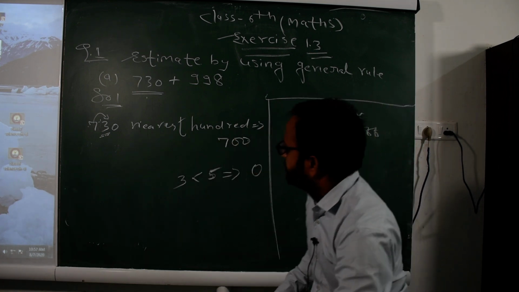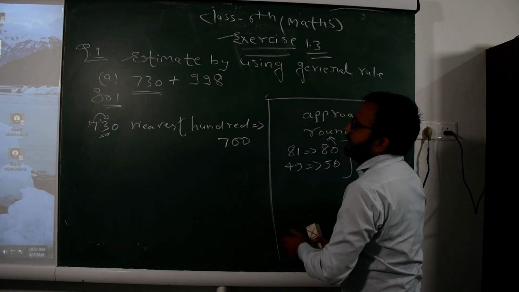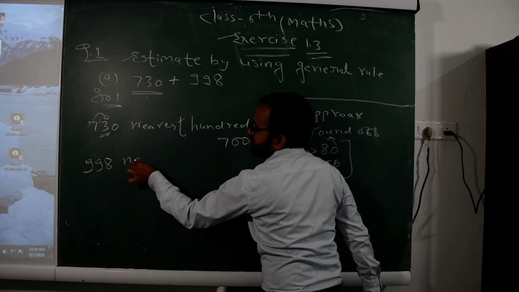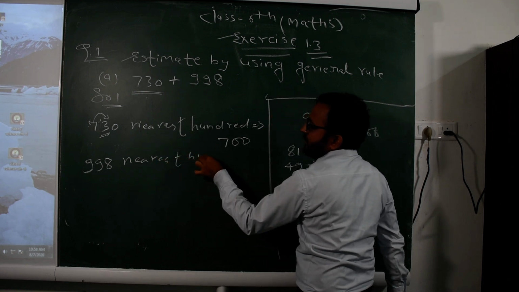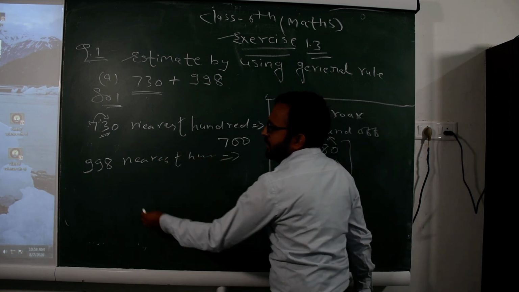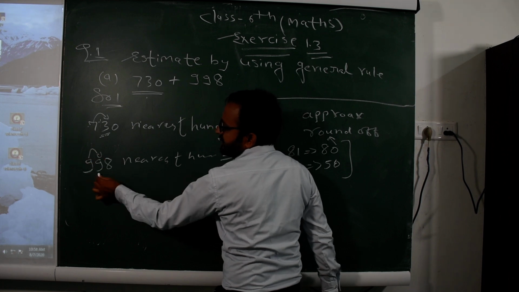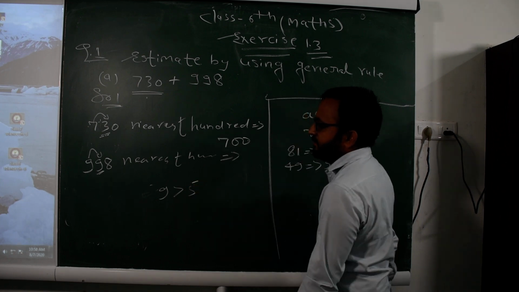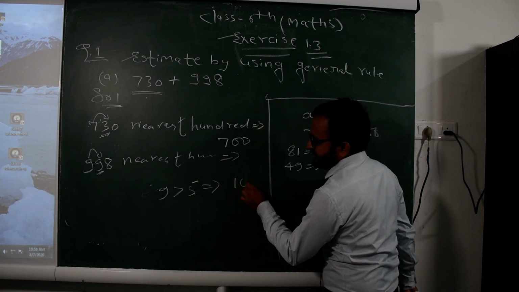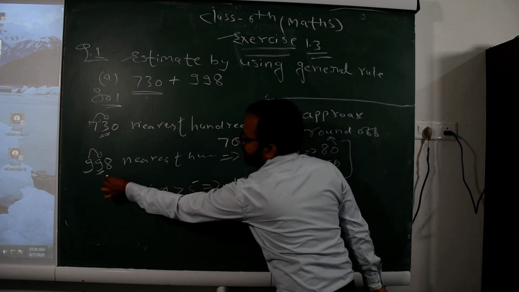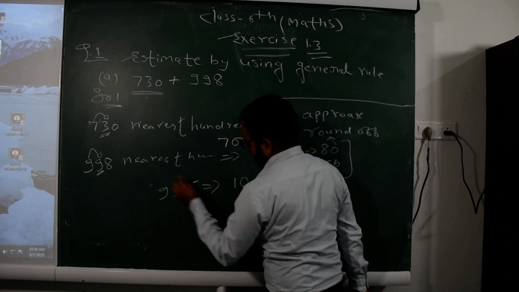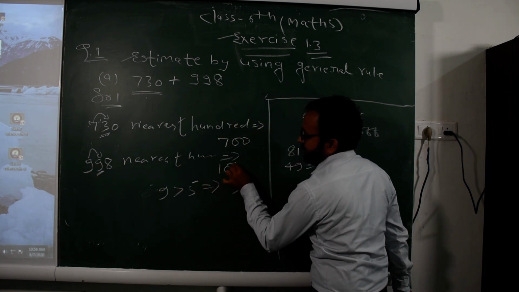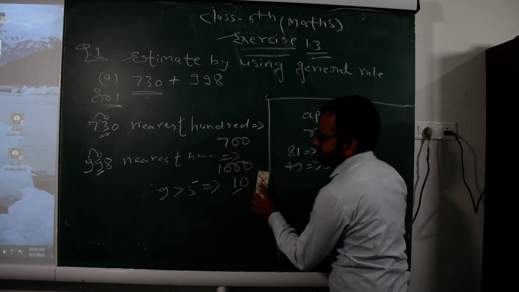Same as 998 to the nearest 100. Now at this place, 9 is greater than 5, so we consider it as 10. That means at the place of 9 we put 0 and 1 carry is at this place, so 1000.